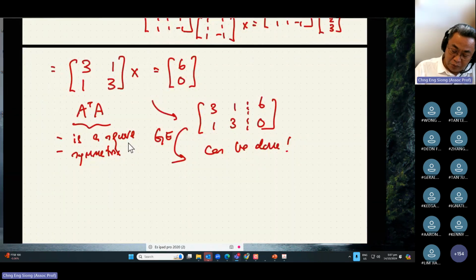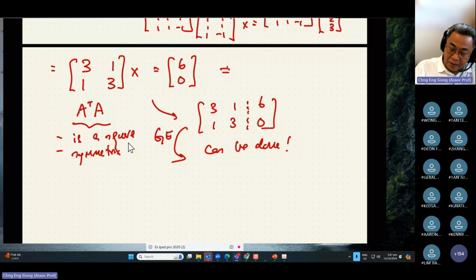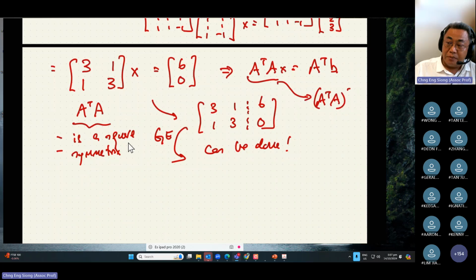So instead, I want to do it this way, implying A transpose A x equals A transpose B. This guy, A transpose A, look at this matrix. Is it invertible? Is it rank 2? Yes, the first column and second column are independent. So I can do A transpose A inverse. It exists, right?